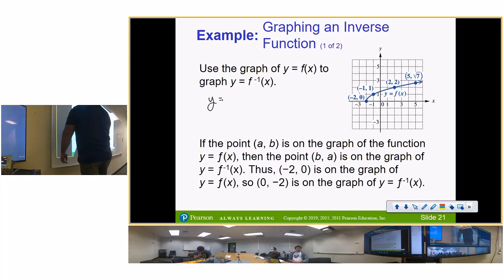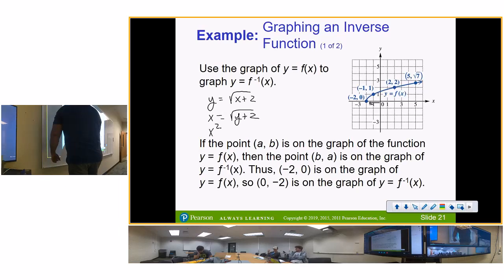Square root of x plus 2, that's what that looks like, because it's got a horizontal shift of what? 2 to the left, so that would be x plus 2. So x is equal to square root of y plus 2. Square both, so that'd be x squared minus 2, which means a vertical shift of what? 2 down.